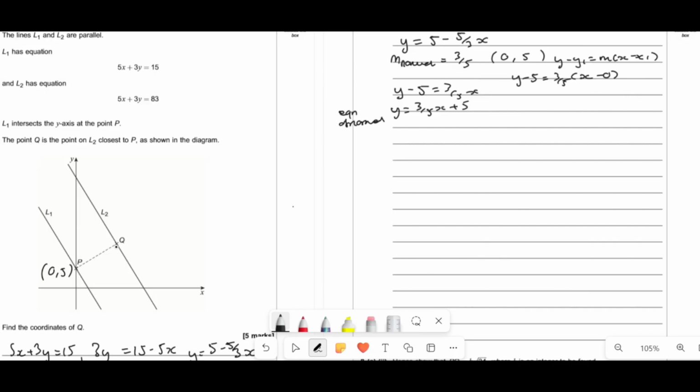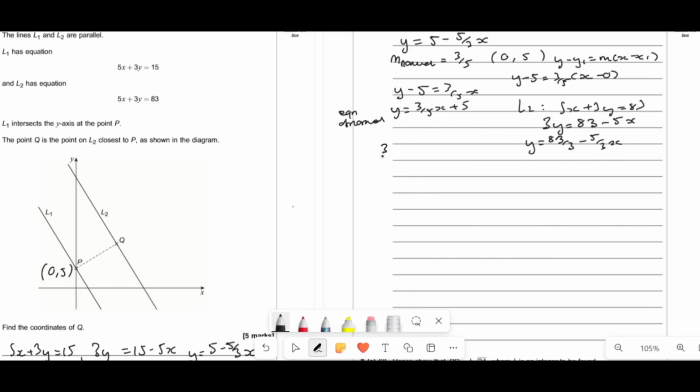Now you can see that this normal intersects at Q, so at that intersection they'll have the same coordinates. So for line L2, which is Q's line, 5x plus 3y equals 83. So 3y equals 83 minus 5x. So y equals 83 over 3 minus 5 over 3 x. Because they intersect, we're going to make those two equal each other.